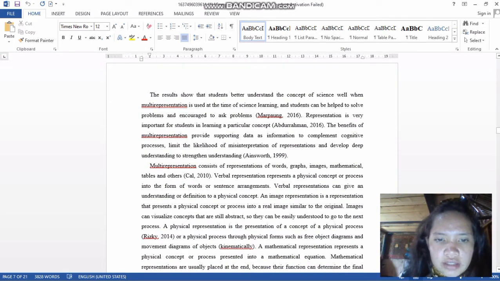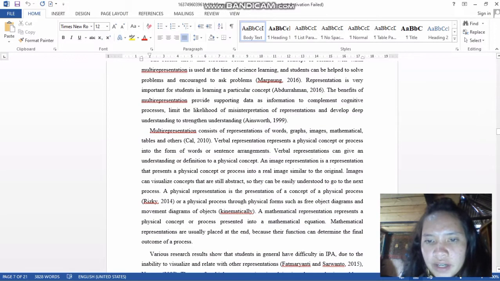Multi-representation consists of representation of words, graphs, image, mathematical tables, and others. Cole 2010. Verbal representation represents a physical concept or process into the form of words or sentence arrangement.